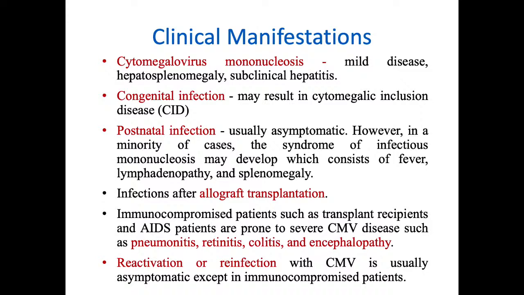So what are the signs and symptoms in patients with infectious mononucleosis? Here is a fever, also sore throat, hepatosplenomegaly, lymphadenopathy, and there can be a rash in some patients. It is a self-limited disease, so people recover within 2 to 4 weeks.